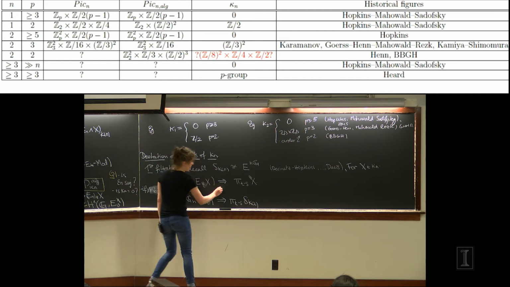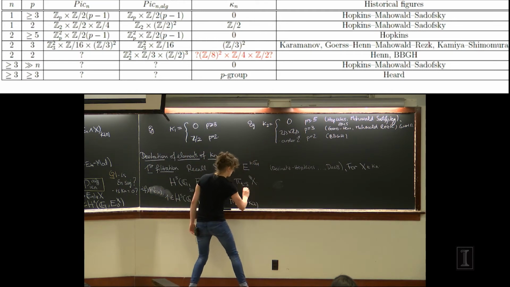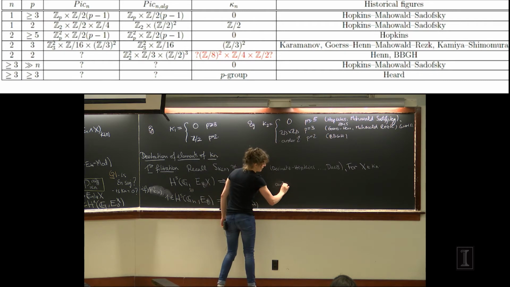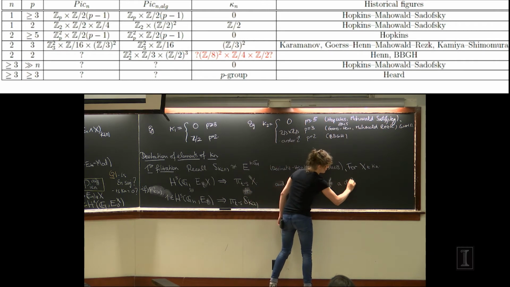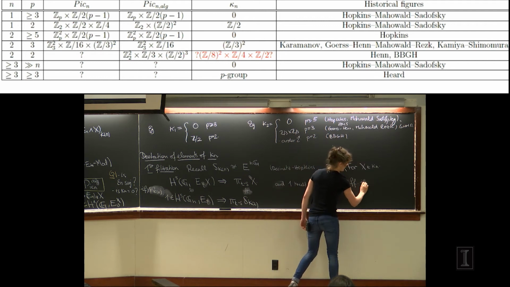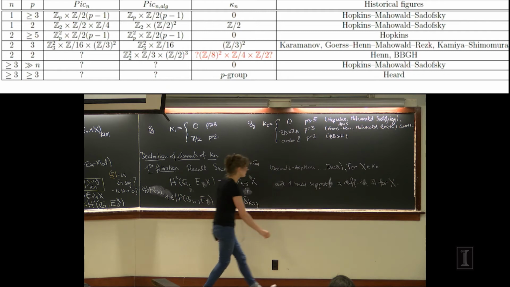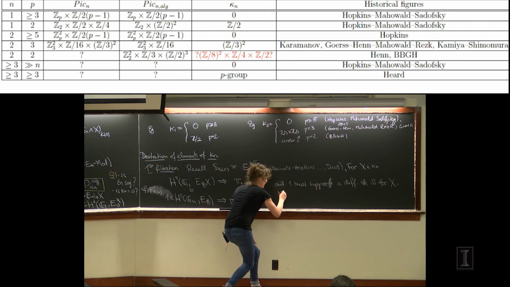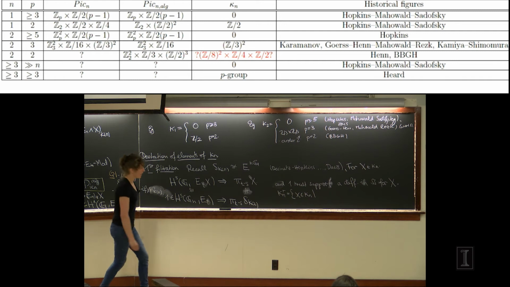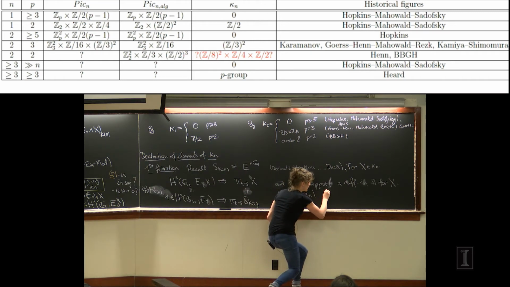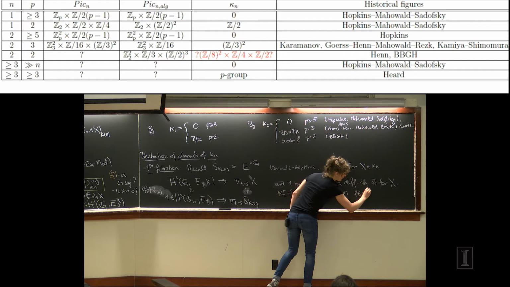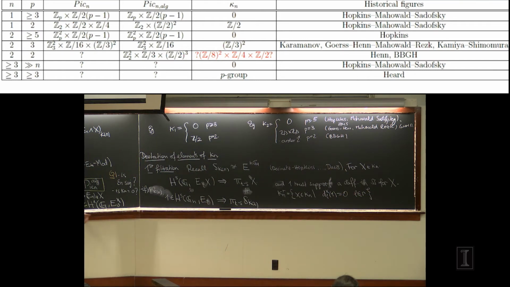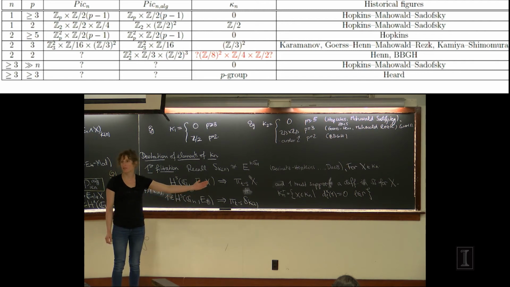So if X is not the sphere, then these things can't be equal, and 1 must support a differential in the spectral sequence for X. So we can let kappa n, R, be the X in the Picard group in the exotic part such that d_L of X, the differential in the spectral sequence for X, is 0 for L less than or equal to R. So you filter it by how long this unit survives through the spectral sequence.